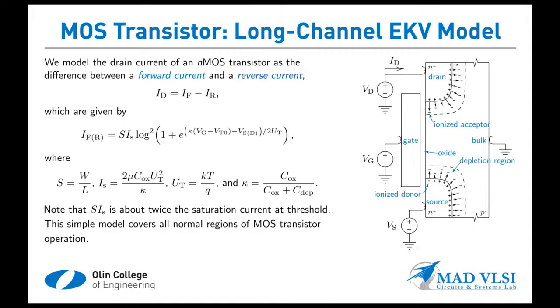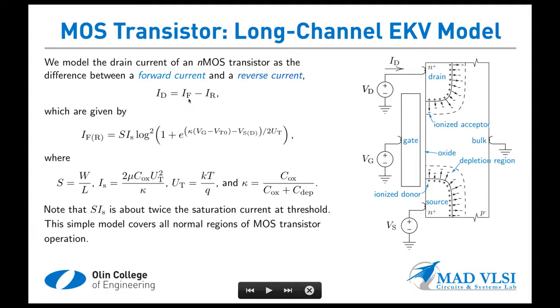So this is a different slide deck than the one we were working through, which I made more recently, which I like a lot better. Here, ID is the current that we had called I before. It's the drain current. It is expressed in terms of the difference between a forward current component and a reverse current component.